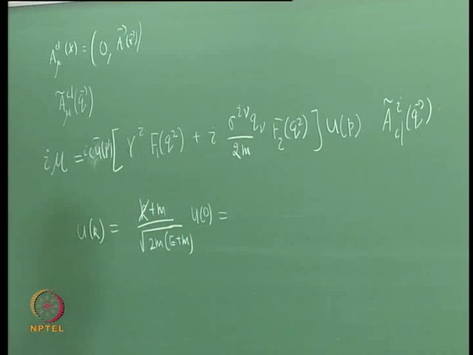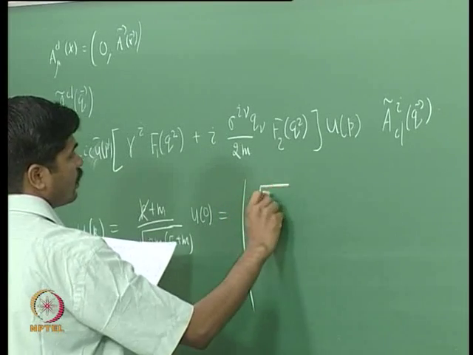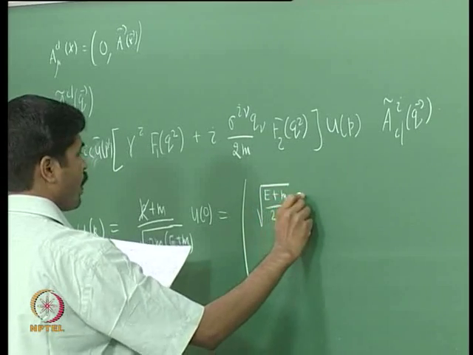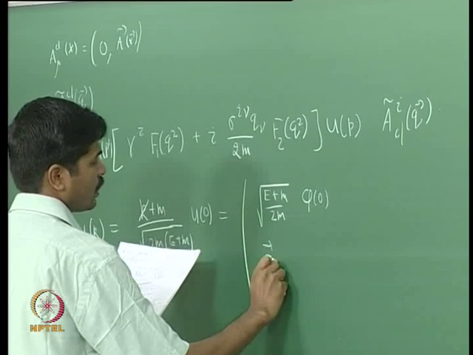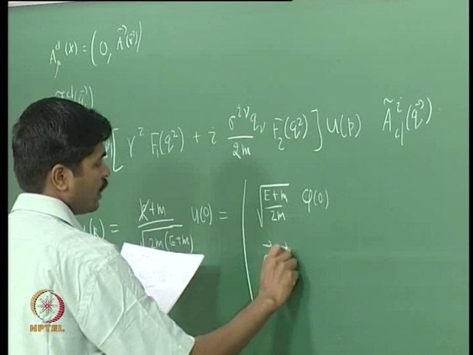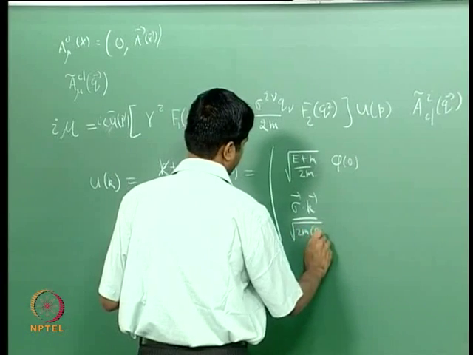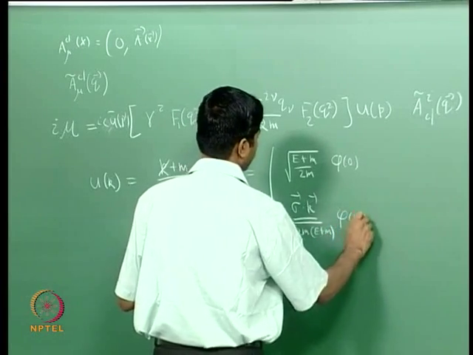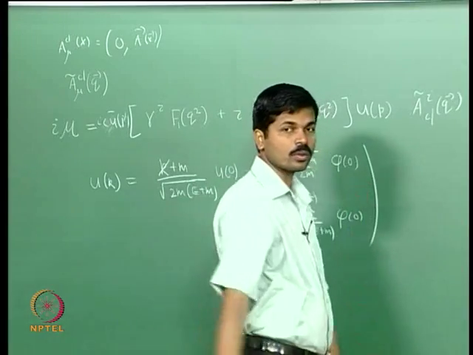In terms of the two component spinors, this is given by √((E + m)/2m) φ(0) and (σ·k)/√(2m(E + m)) φ(0), where φ(0) is a two component spinor.